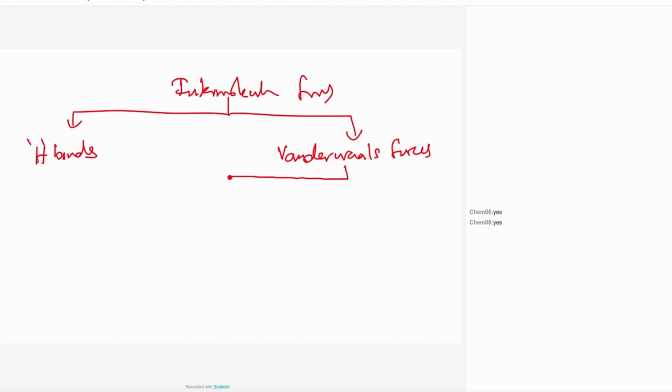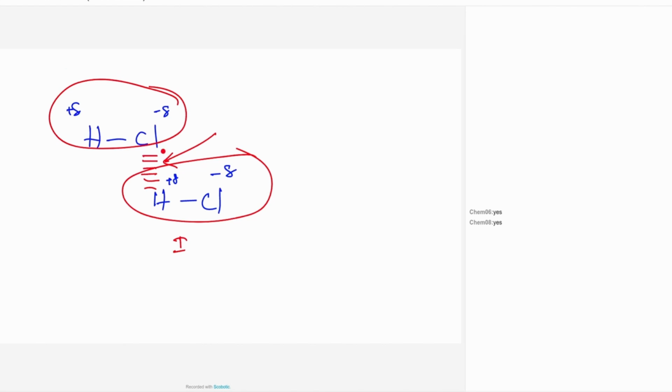Van der Waals forces are of two types. You have the induced dipole attraction, and I'll explain shortly what induced dipole attraction means. And you have the permanent dipole attraction, which is what I have drawn here. That is the attractive force between two poles. Because the hydrogen chloride molecule, as we discussed in unit 1 on chemical bonding, is a polar molecule, between two polar molecules there are permanent dipoles.